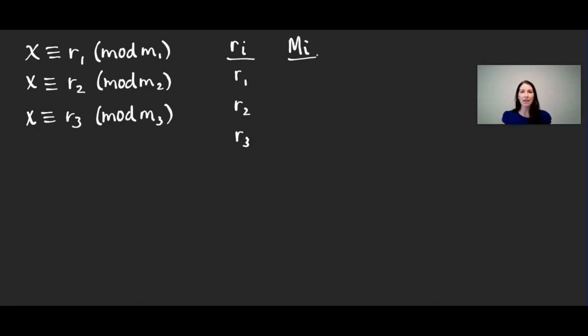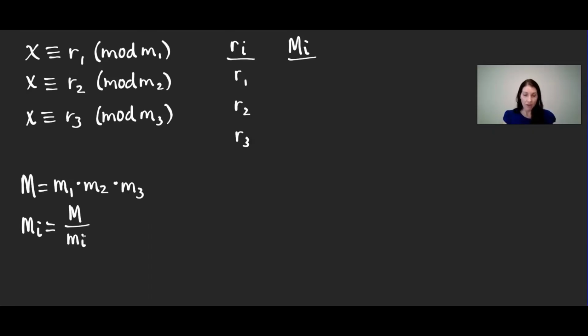So first we have this unique modulo for each problem, and I'm going to call that M. To get M, I would take the product of M1 times M2 times M3. Then to find Mi, I'm going to take that unique modulo M and divide by whatever mi is. So for example, to get M1, I would take M and divide it by the mod on the very first linear congruence.